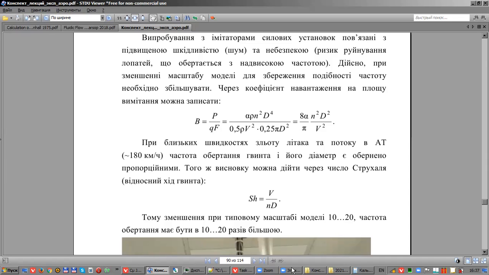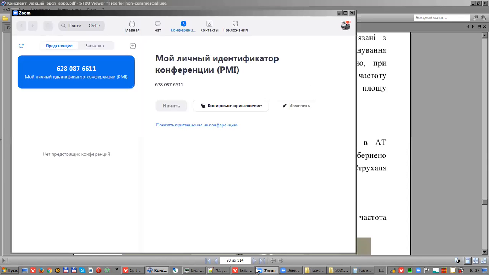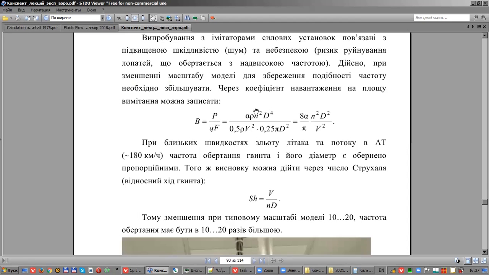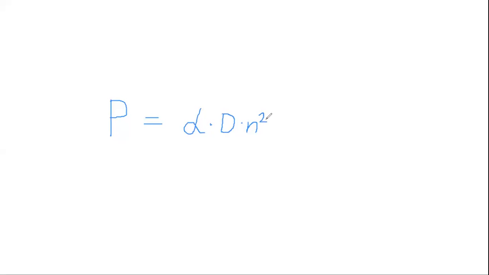Alpha, then air density. We need to put air density in this formula and different power factors. This 2 and this 4. And add air density. So this is the formula for the propeller.